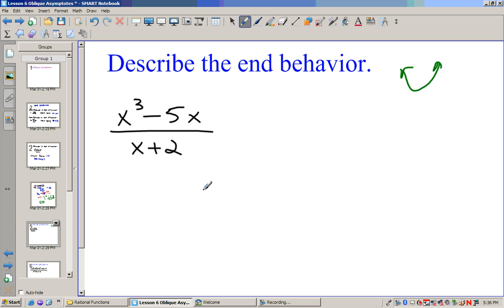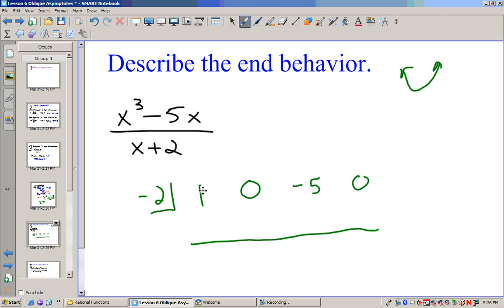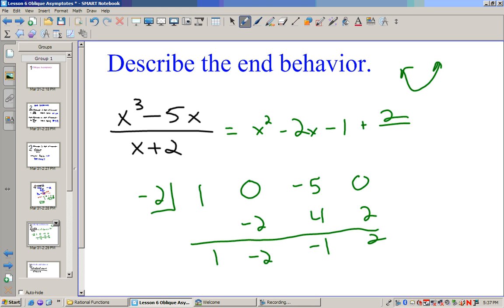So since we're dividing by a linear, we can use synthetic division. That would be x cubed, 0x squared, negative 5x, and 0 on the end. So now when we divide, this is the same thing as x squared minus 2x minus 1 plus 2 over x plus 2.